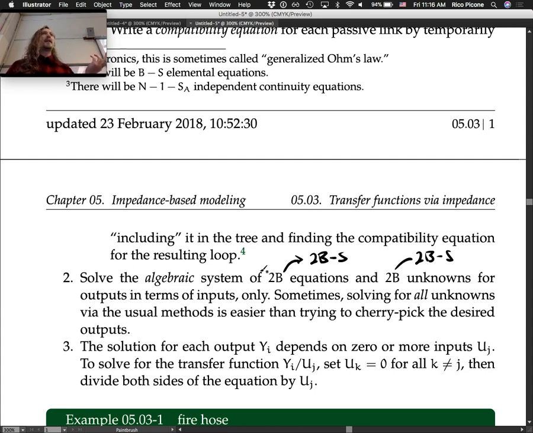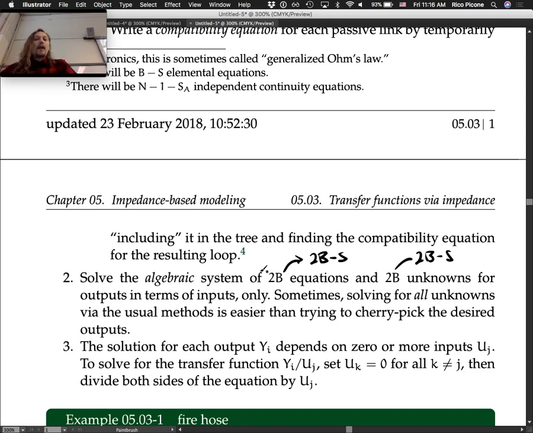We have an algebraic system, right? In the Laplace domain, there's no derivatives. So we just have this algebraic system, and we just solve for the outputs in terms of inputs only. If we have one output and one input, then that's usually pretty straightforward to do. But in general, you could solve for any number of outputs in terms of any number of inputs, okay?